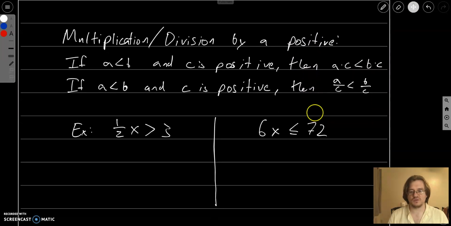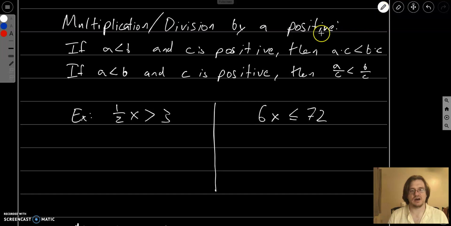Multiplication, division work very similarly too for positive numbers. For negative numbers, we'll have to do something a little bit different, but we'll cross that bridge when we come to it. So for the moment, we've got a is less than b. Then I can multiply both sides by a positive number. And if a is less than b, I can also divide both sides by a positive number.